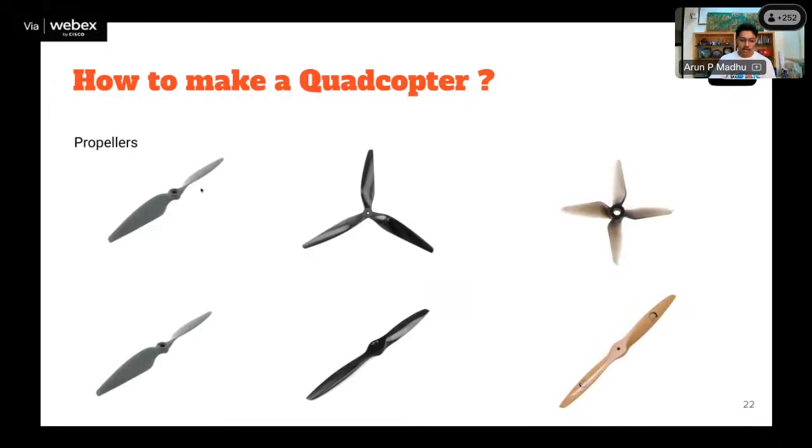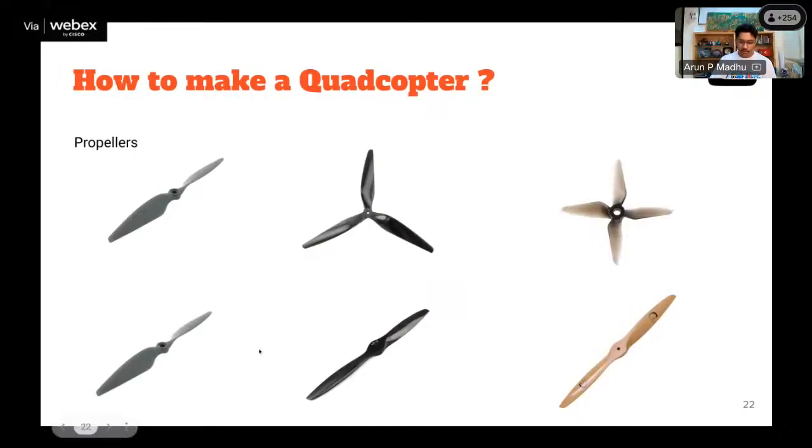The blade configuration differs according to different applications. The normal quadcopters you see only have a two-blade configuration. Three-blade and four-blade configurations are mainly used for racing or when you need very high response. So if you need the quadcopter to move very fast and respond at a very high rate, you need three-blade or four-blade propellers. In all other cases, you only need a two-blade propeller.